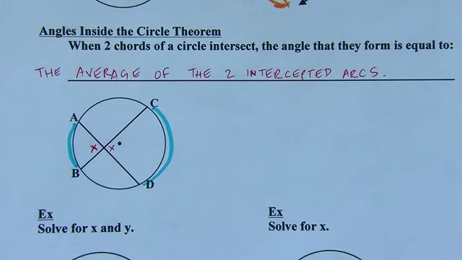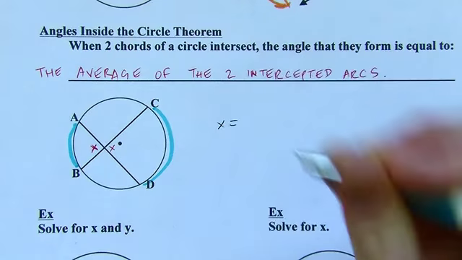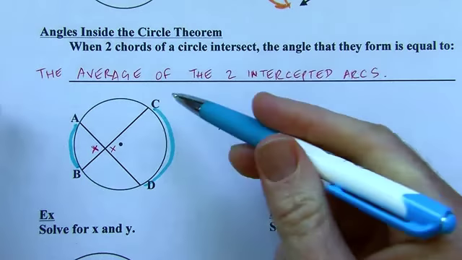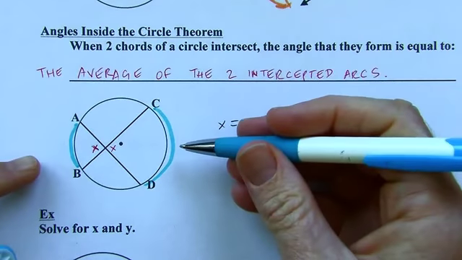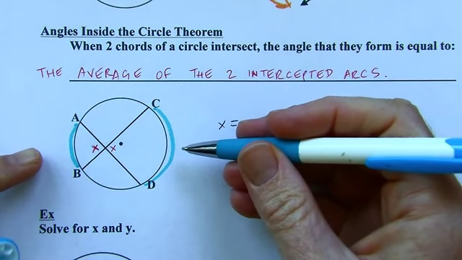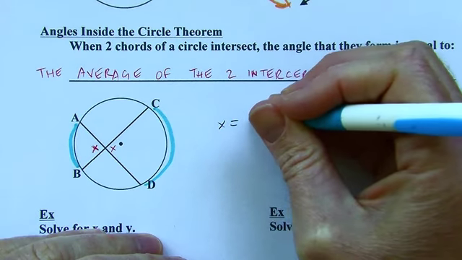Okay, so that means in this scenario that the angle that's formed, which here is x, is going to be the average of the two intercepted arcs. The way I would find the average of two things is to add them together and divide by 2. You can write this in two different ways.